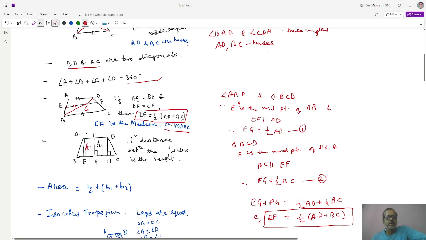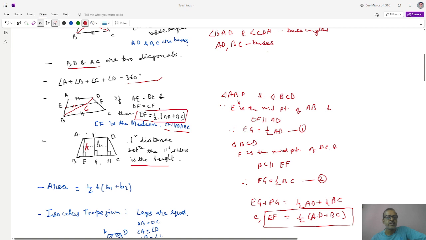Similarly, the perpendicular distance from any point of AD to BC is the height of this trapezium. So the perpendicular distance between the parallel sides is the height of the trapezium. Understand?